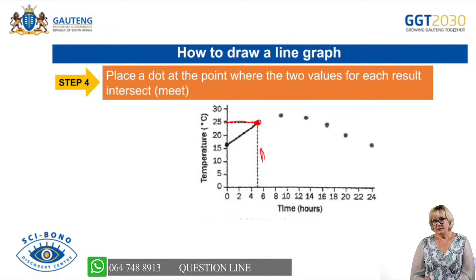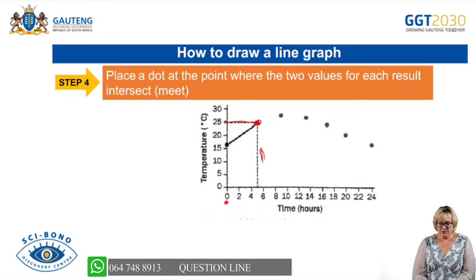Make sure that you plot these values that we are giving to you in your paper very, very carefully. And in this case, the first one at 0 hours, can you see the temperature was, if I must say, it looks like almost 16, 17 degrees. Therefore, it's important that your scale here must not be too small, because then you're going to battle.